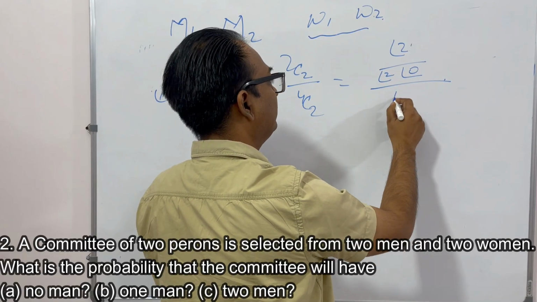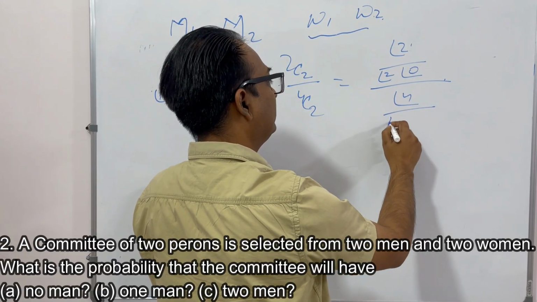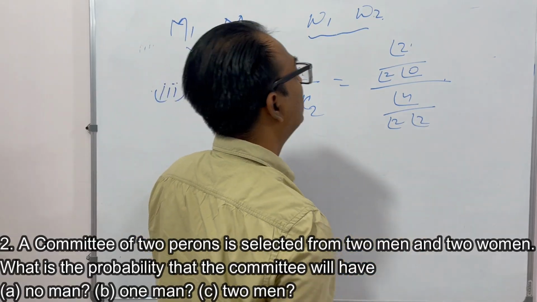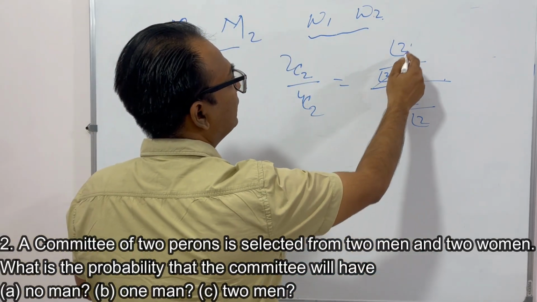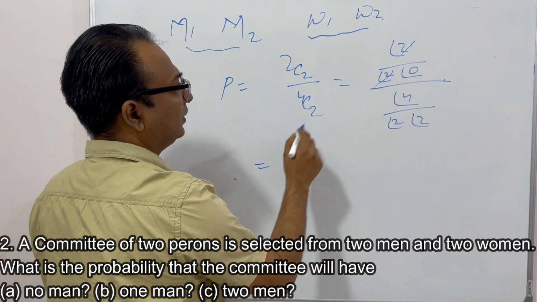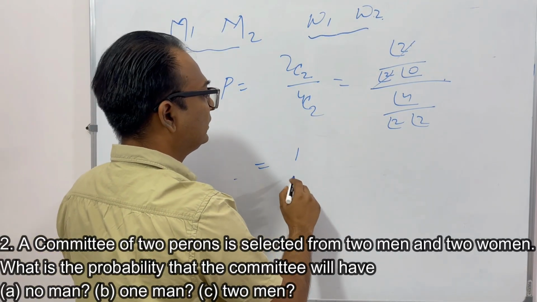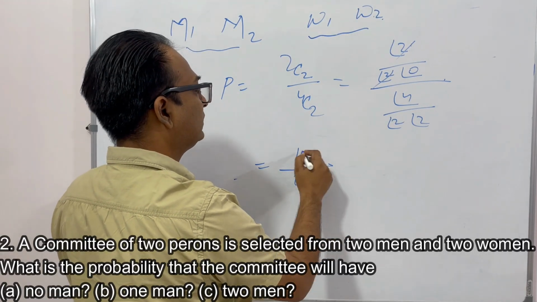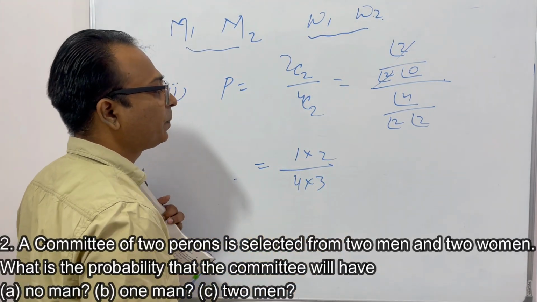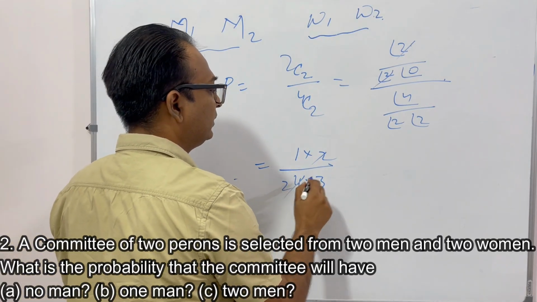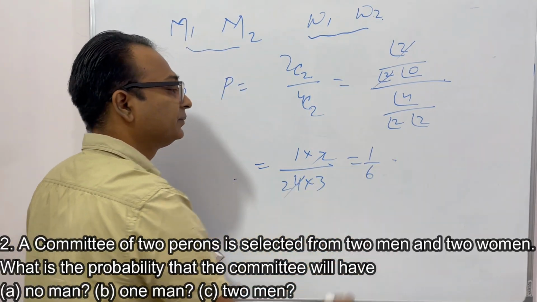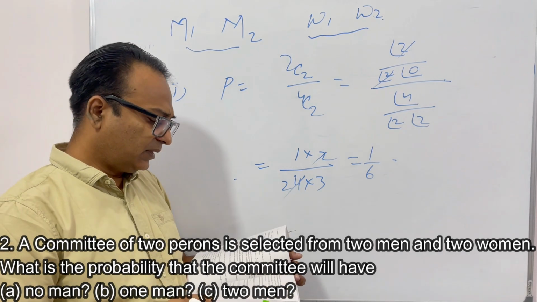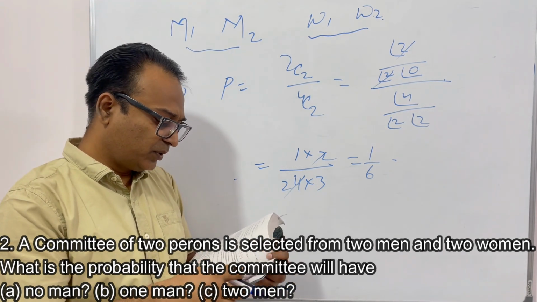This is factorial 4 by factorial 2 factorial 2. So above we have only 1. Down we have 4 into 3 by 2. So this will be 1 by 6. Okay, so these are very simple questions to be solved.